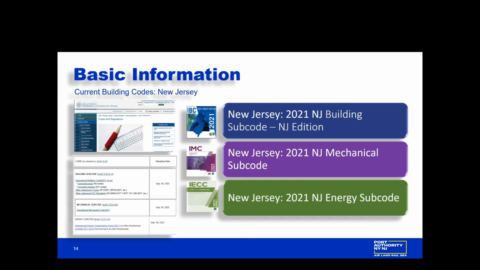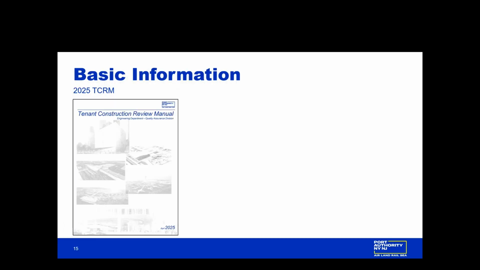You can find in that page the applicable document that you're looking for, whether it's building subcode and mechanical subcode, or again, the energy subcode. Next slide. And you can see this is what the 2025 TCRM looks like, which also is a handy reference when you're doing work in our facilities. Next slide, please.